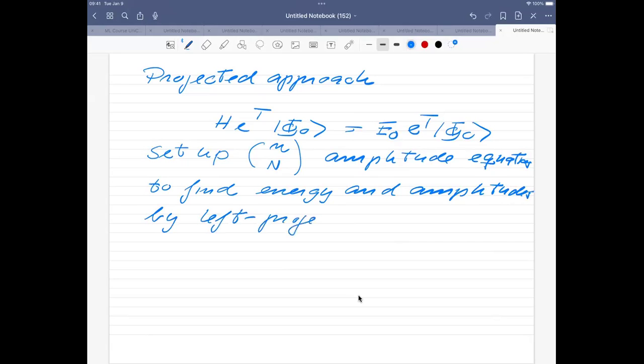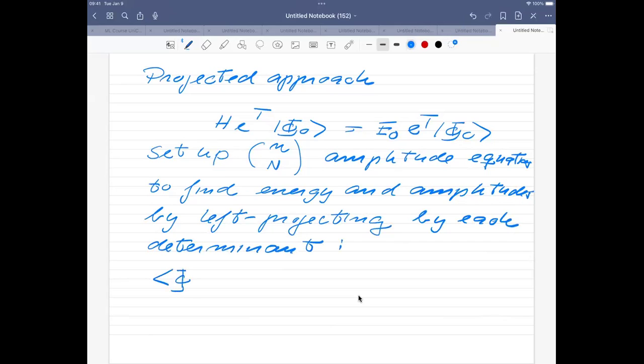So we acted from the left with a given set of Slater determinants, left projecting by each determinant. Now, the first row was the phi 0 row, and we have assumed in this course that the ground state is non-degenerate. So we could simply act with phi 0, and then we had H e to the T phi 0.